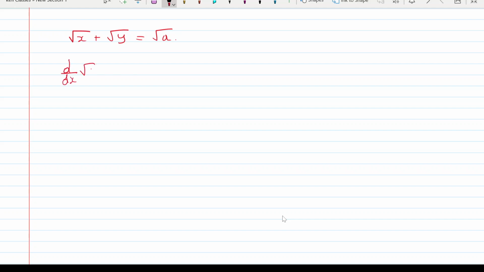D by dx of √x plus d by dx of √y is equal to d by dx of √a. What is the derivative of √x? 1/2√x. Okay, then what will be the derivative of √y? 1/2√y. Correct? And what will you have to do? Multiply by dy by dx.